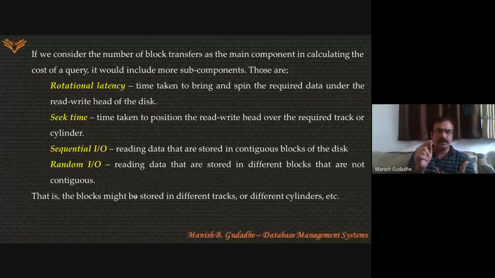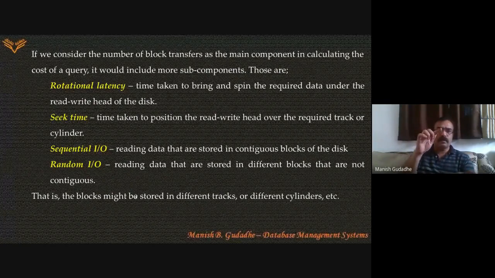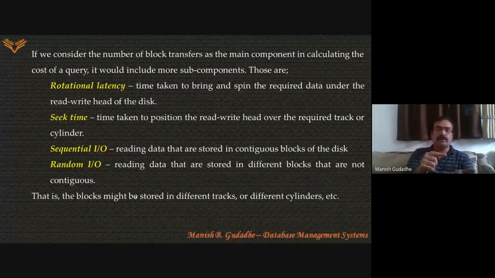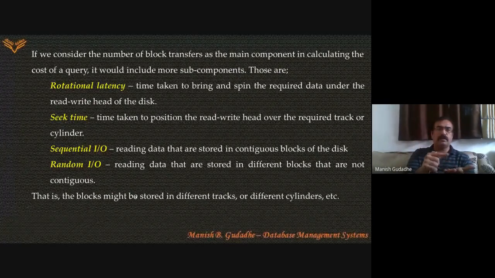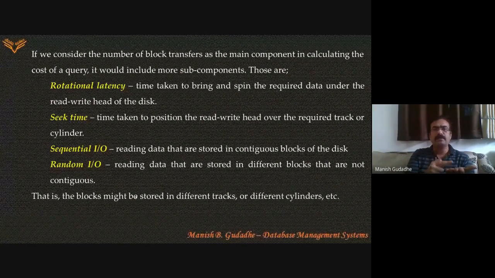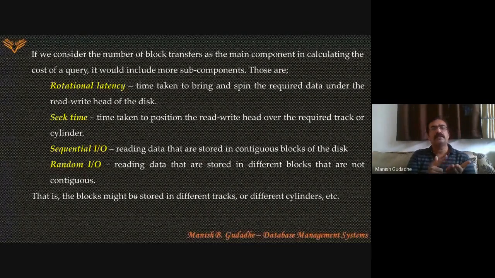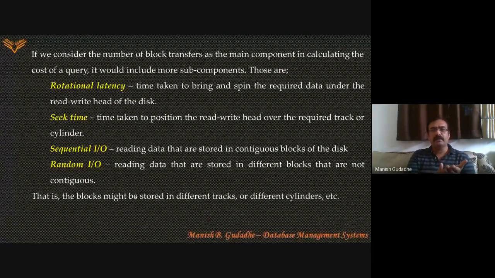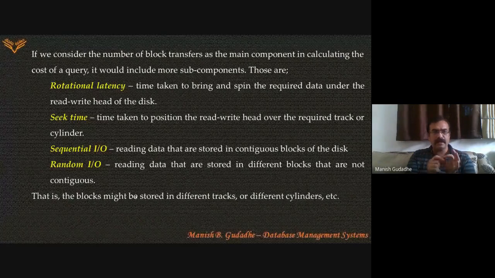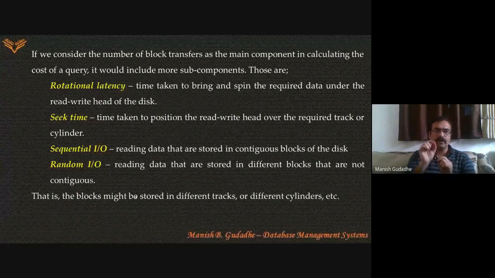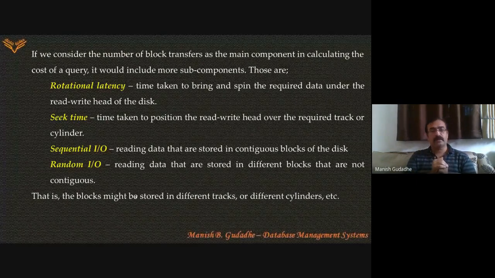If you are asking for some data, the read-write head will be placed at that particular location. So first of all, that is called rotational latency. That is the time taken to bring the read-write head to the location from where we are trying to read the data.